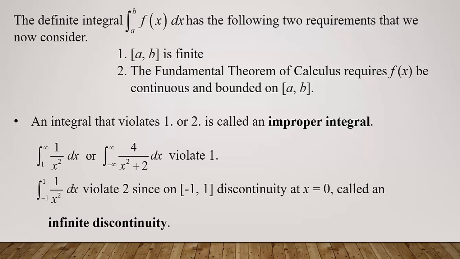On the other hand, the integral from negative 1 to 1 of 1 over x squared dx violates number 2, because on the closed interval negative 1 to 1, the integrand, 1 over x squared, is not continuous at x equals 0. So it's a discontinuity at x equals 0. In fact, that's a discontinuity that we're going to call an infinite discontinuity.